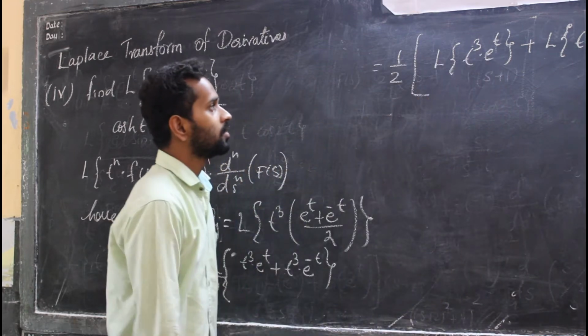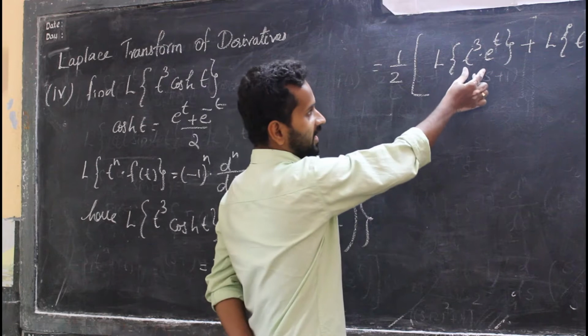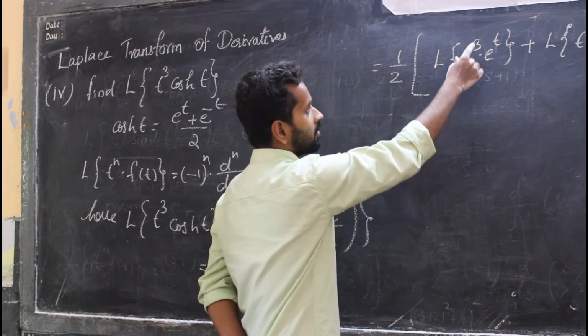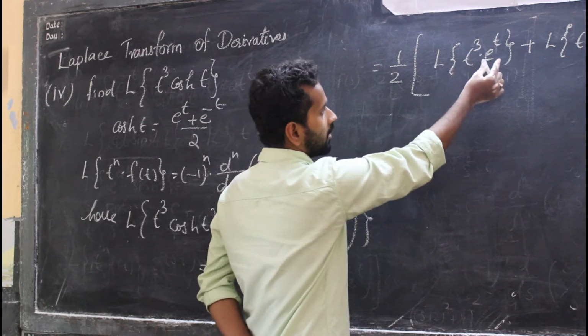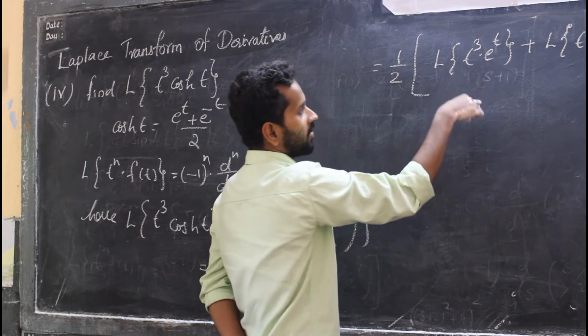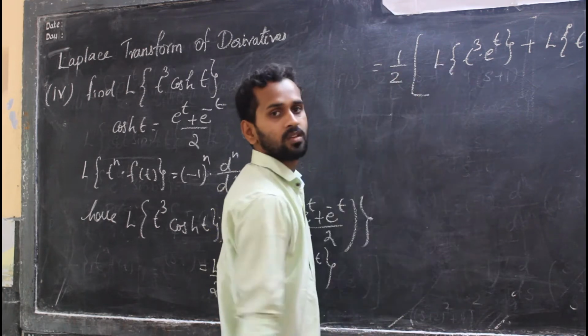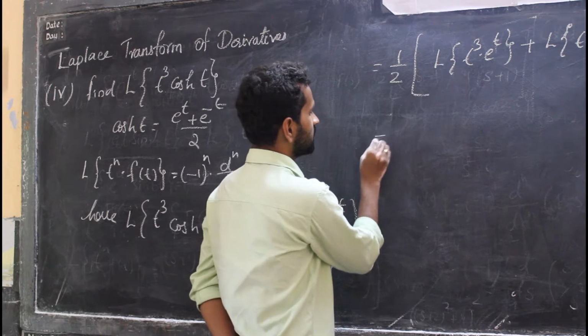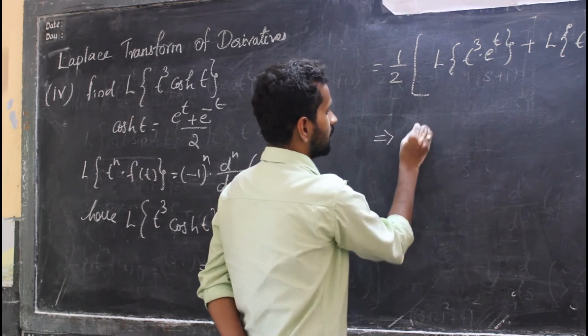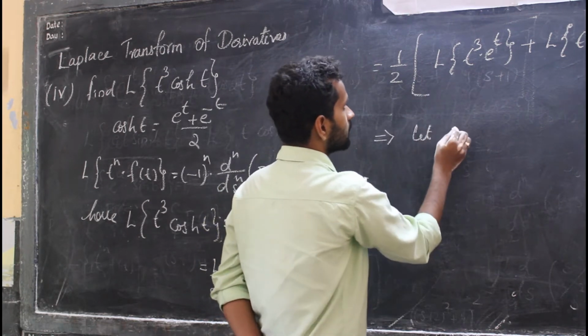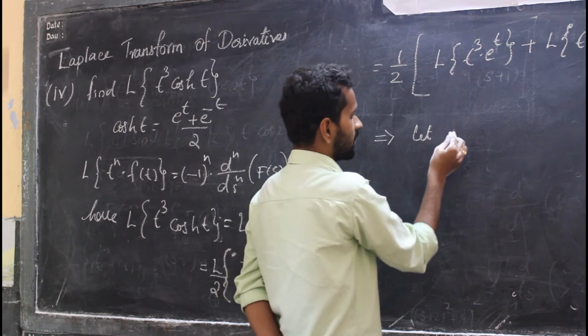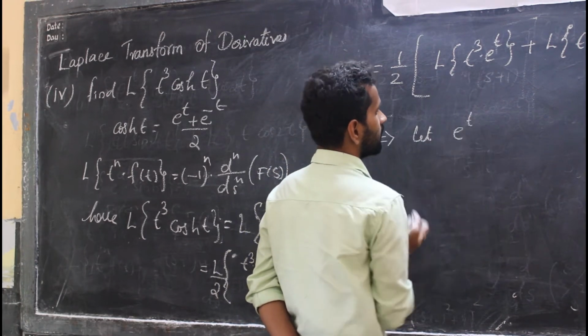Now what am I going to do? I am going to define it again: t to the power of n into f of t. Now I take it as f of t and I find f of s and replace back in equation number 1. First let me consider e to the power of t. Is it clear?